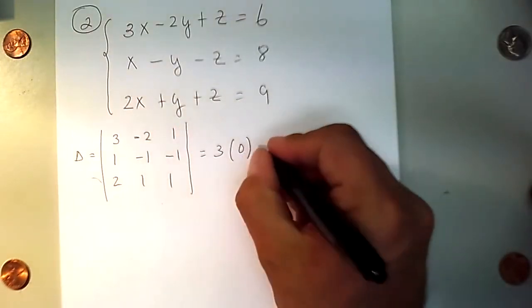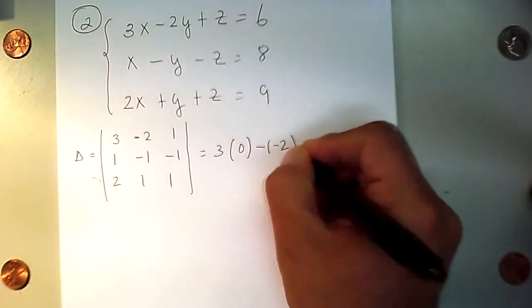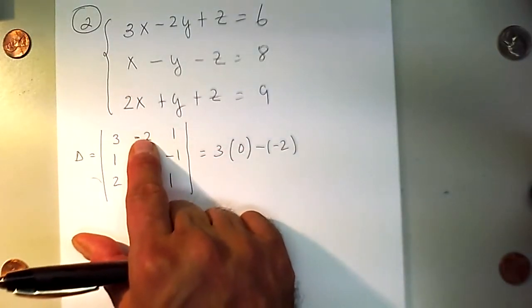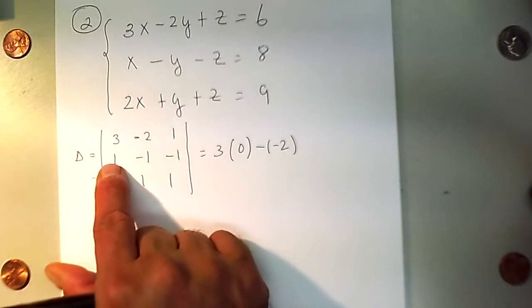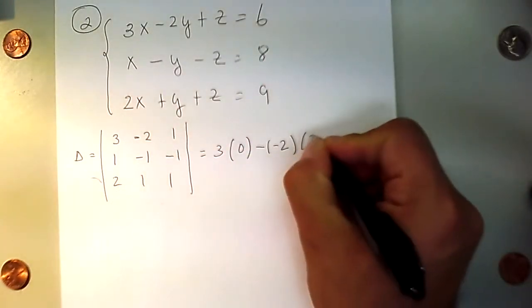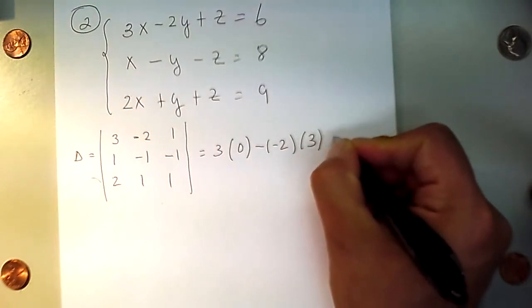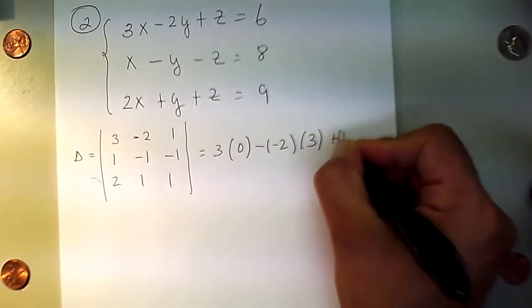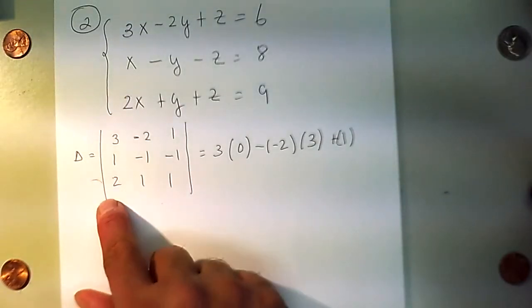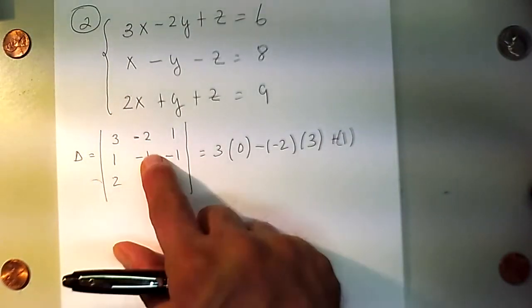And then we do minus -2, because we multiply by the opposite of the next element. And then we got 1 plus 2, 3. And then plus 1 times 1 plus 2.